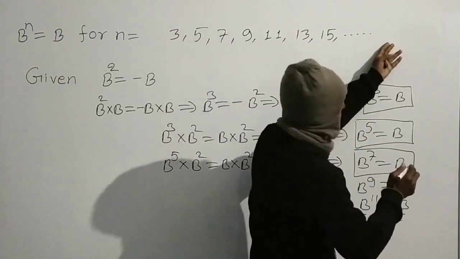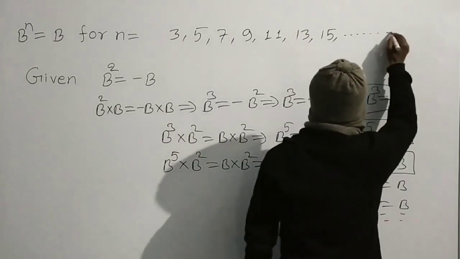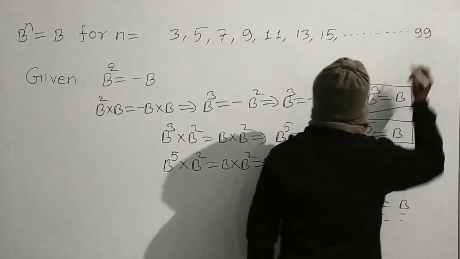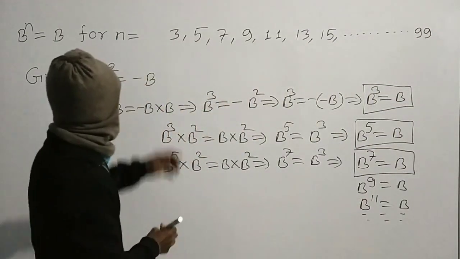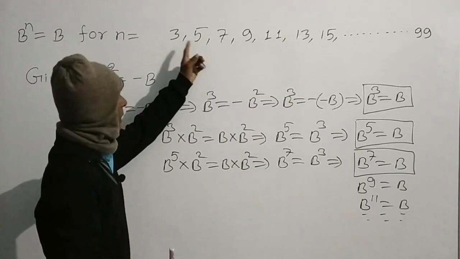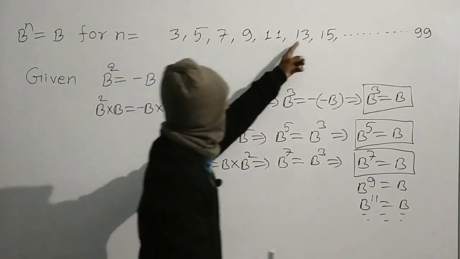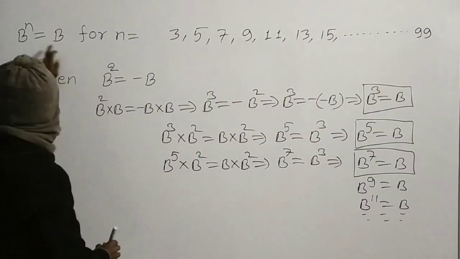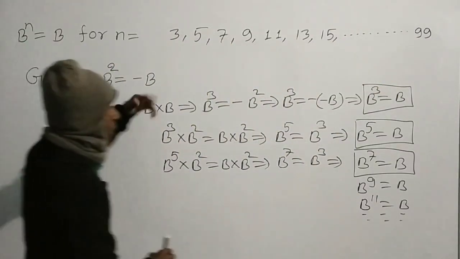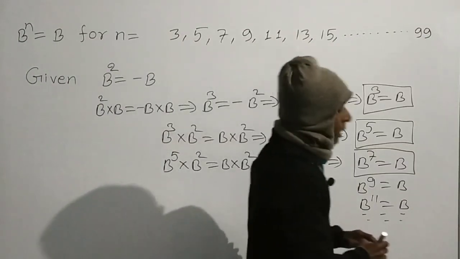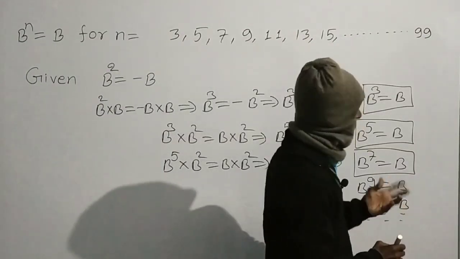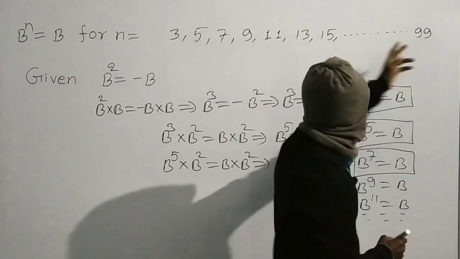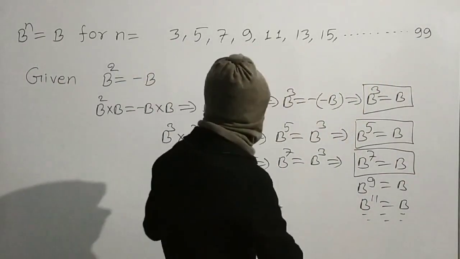The last value of n will be 99, because we observe that only the odd numbers 3, 5, 7, 9, 11, 13, 15 are solutions of this equation, not even numbers. Since 100 is even, 100 will not satisfy this equation.